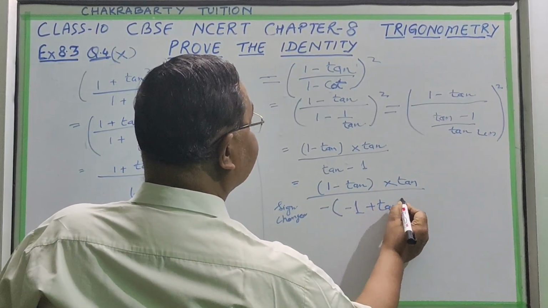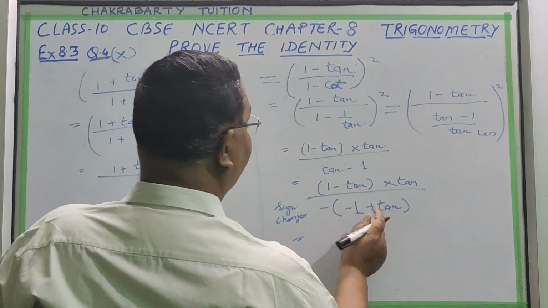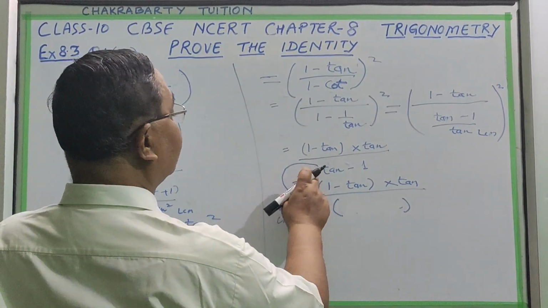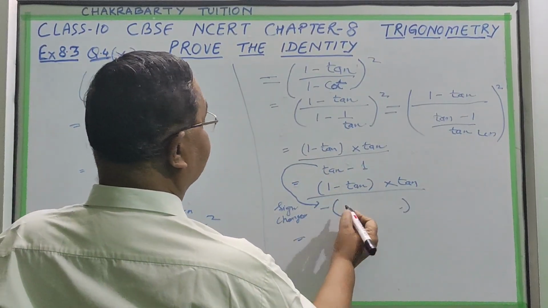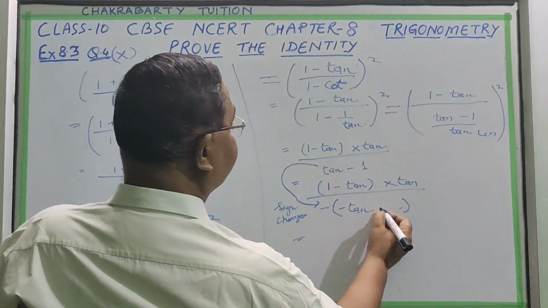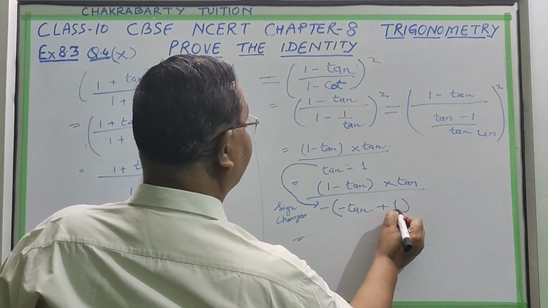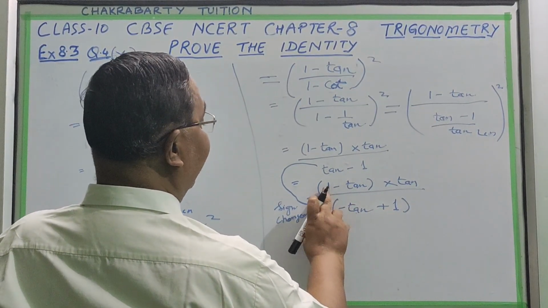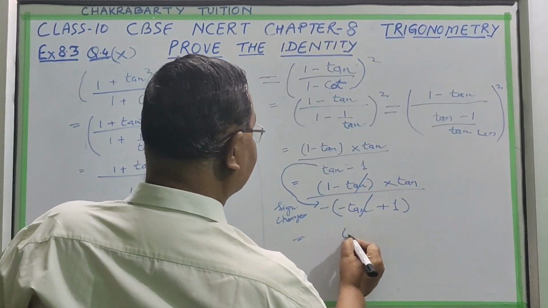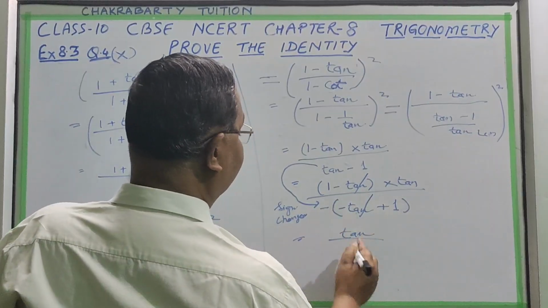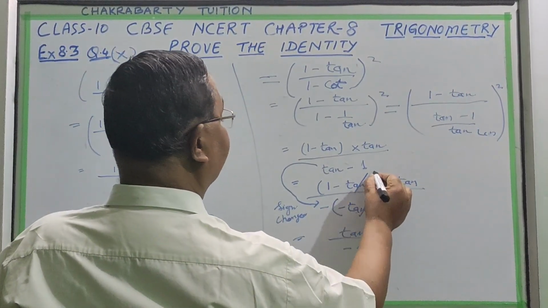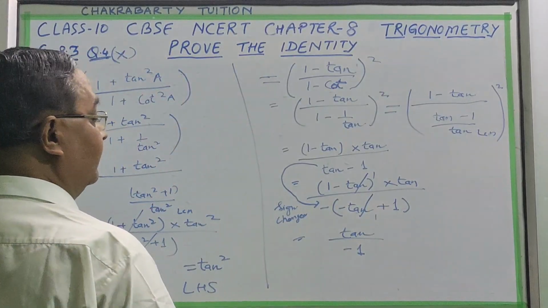Sign will change. Now tan minus 1 we have to change, so tan will become minus tan, and minus will become plus 1. Now tan is minus and 1 is plus, we can cut it. What will remain? Upper side tan will remain, and lower side minus 1 will remain.